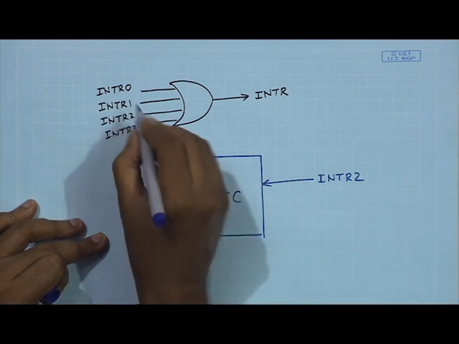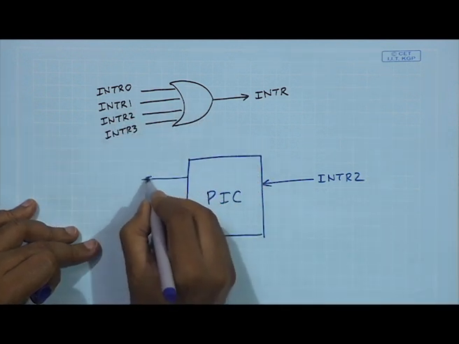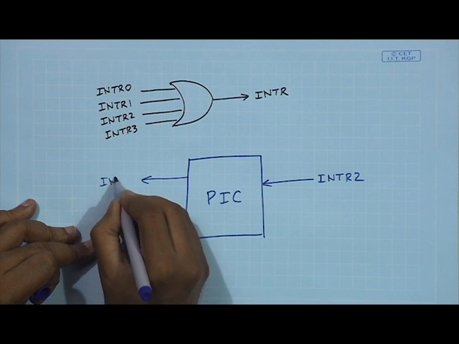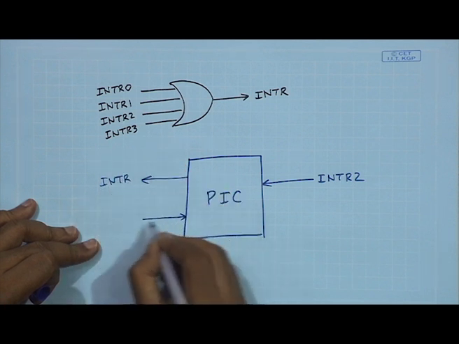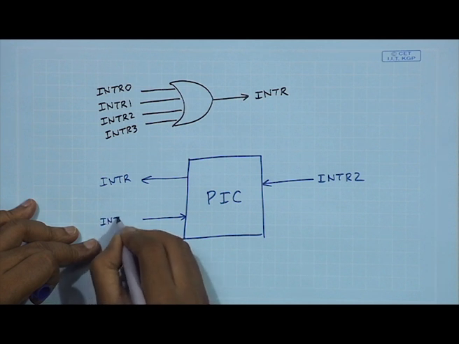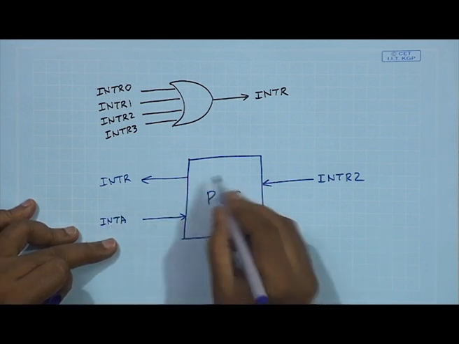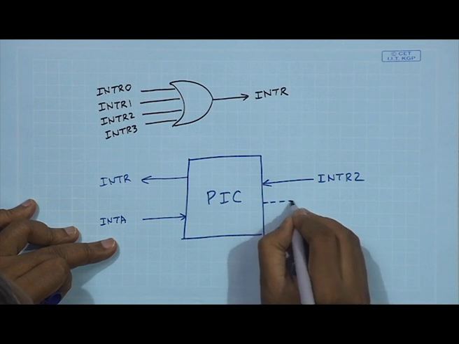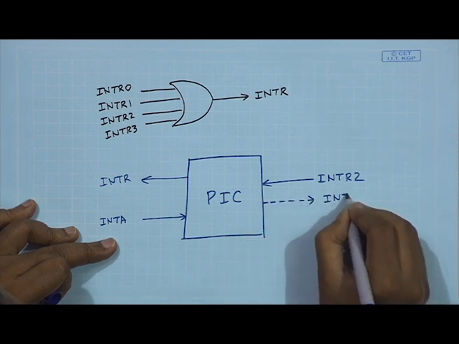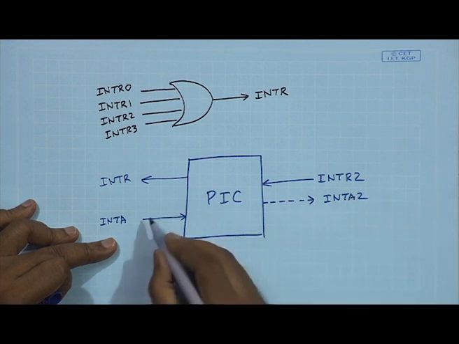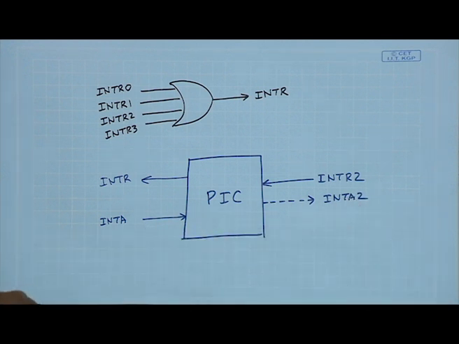So, in response, by this OR function, the CPU got this INTR. Later on, when the CPU generates the acknowledgement, the PIC will be generating the corresponding acknowledgement for this device 2, INTA 2. This will be done automatically, right.